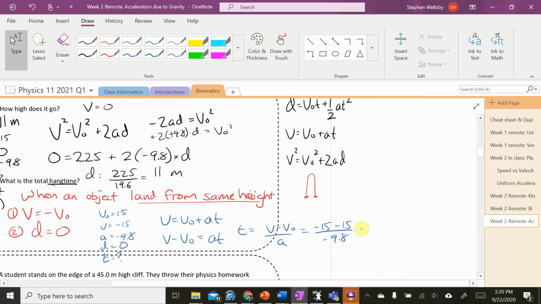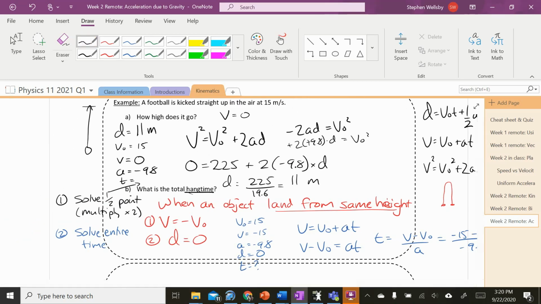These are all negatives, so they're going to cancel out. You have negative 30 over negative 9.8. Change those to positives, and we end up getting T equals 3.0 seconds. So if you solve the first way, what you would have gotten here is 1.5 seconds. You just have to remember to multiply that by 2.